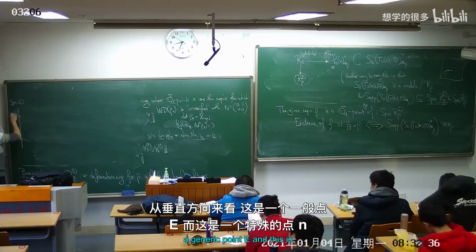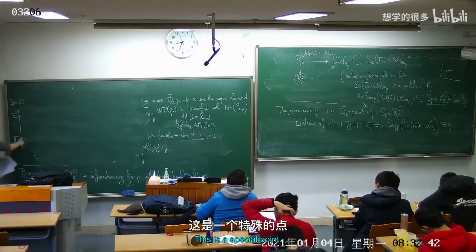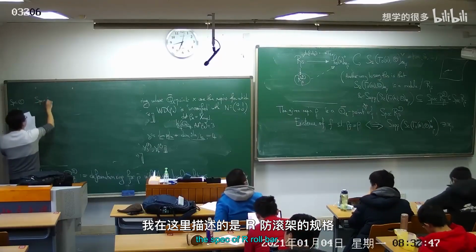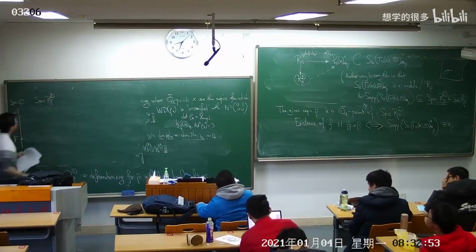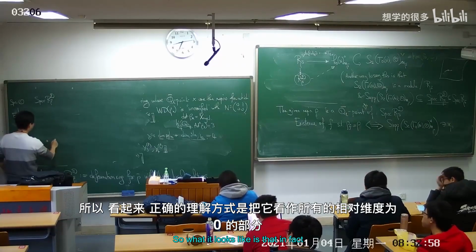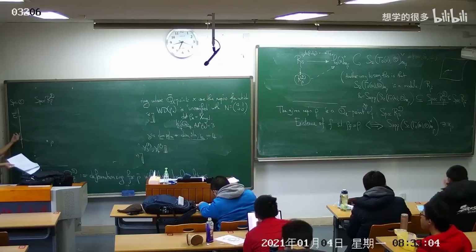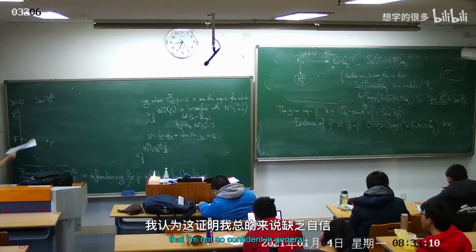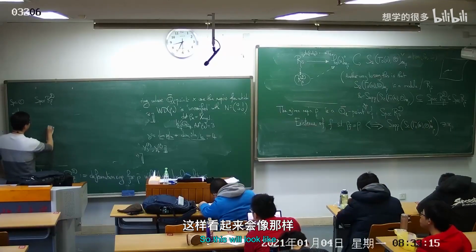This is the generic point E, and the special fiber, special point F. So this is a special point. This is a generic point. And what I'm describing here is Spec of R rho bar. So what it looks like is that, in fact, the correct way to think of this is relative dimension 0 over O. So it's supposed to be something finite over O. I think it's true, but I'm not so confident in general. Okay, so this will look like something like that.